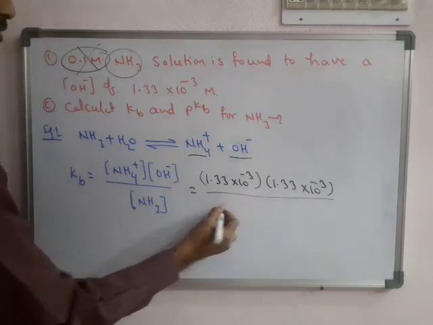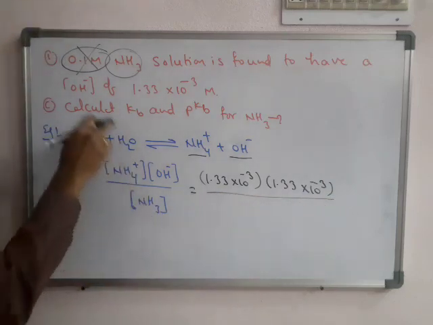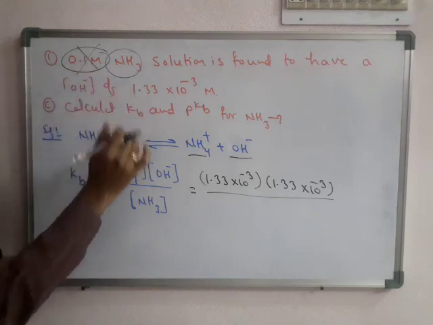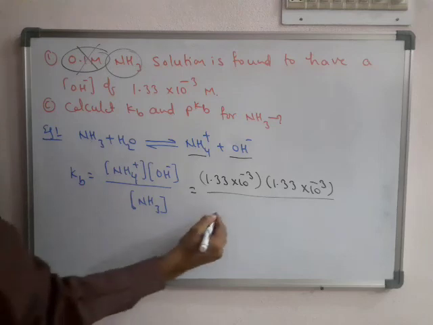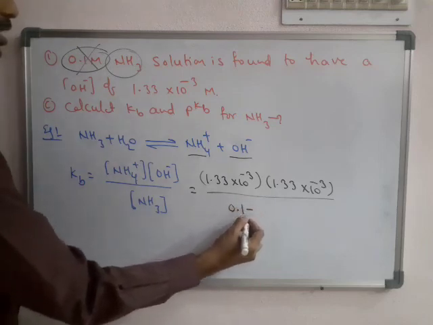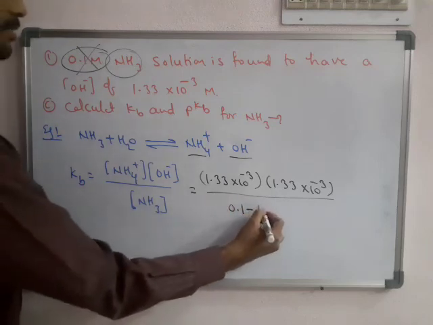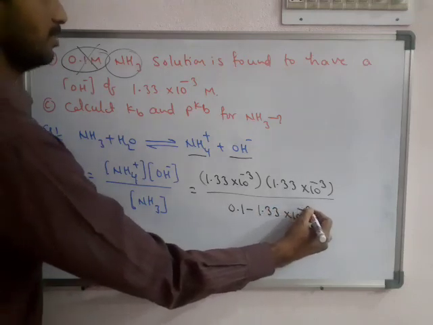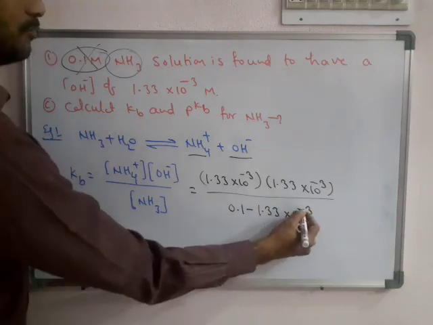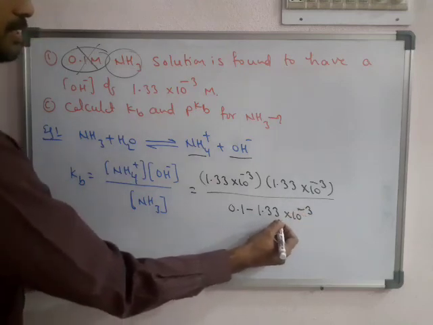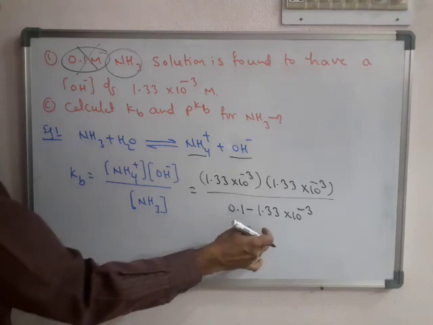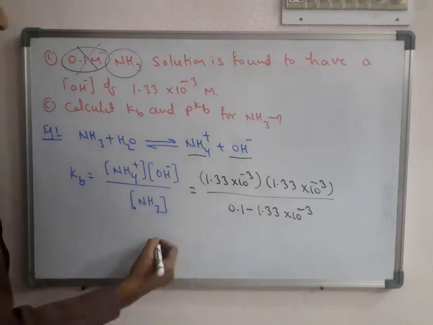By NH3. Here NH3 is 0.1. If you want the exact NH3 concentration, after dissociation it reduces by 1.33 into 10 power minus 3. If you see, this value 1.33 into 10 power minus 3, that is 0.00133, is very negligible.